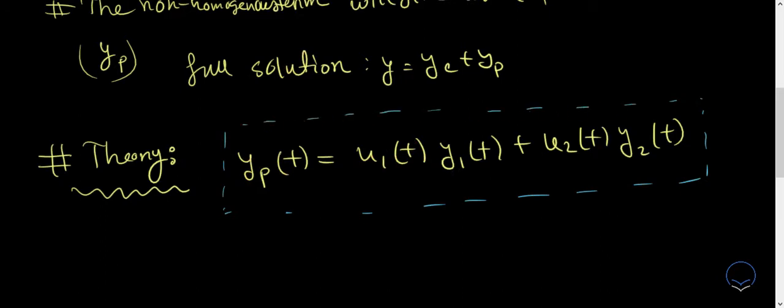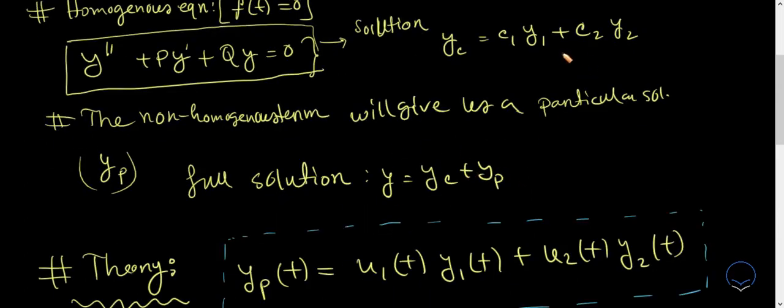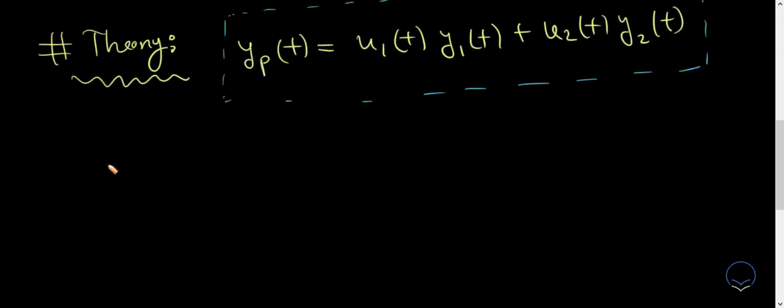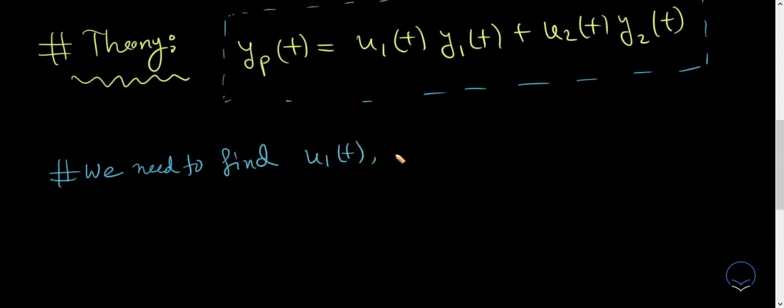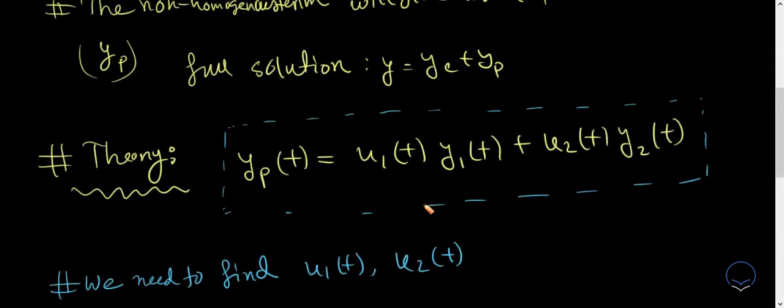Here y1 and y2 are coming from the complementary solution, and u1 and u2 are the things that we need to find. Let me just write that down: we need to find u1 of t and u2 of t.